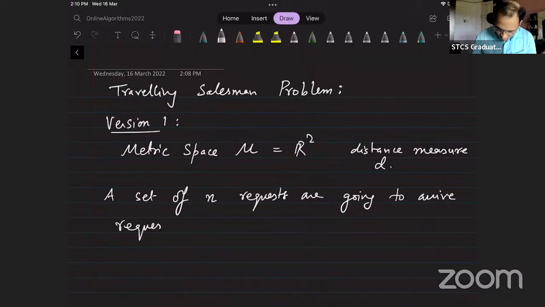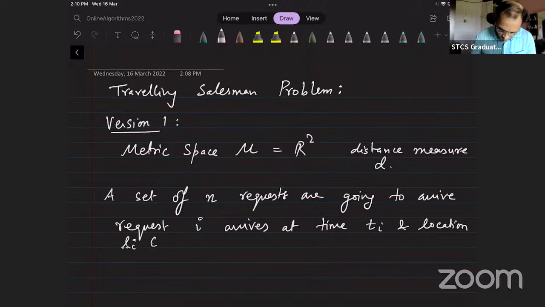Request i arrives at time Ti and location Li belonging to M. So each request i is a tuple, Li comma Ti.